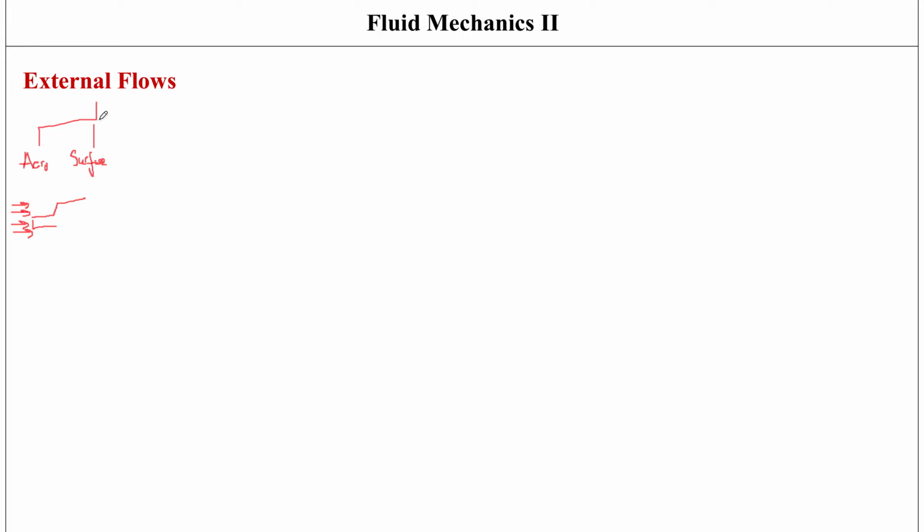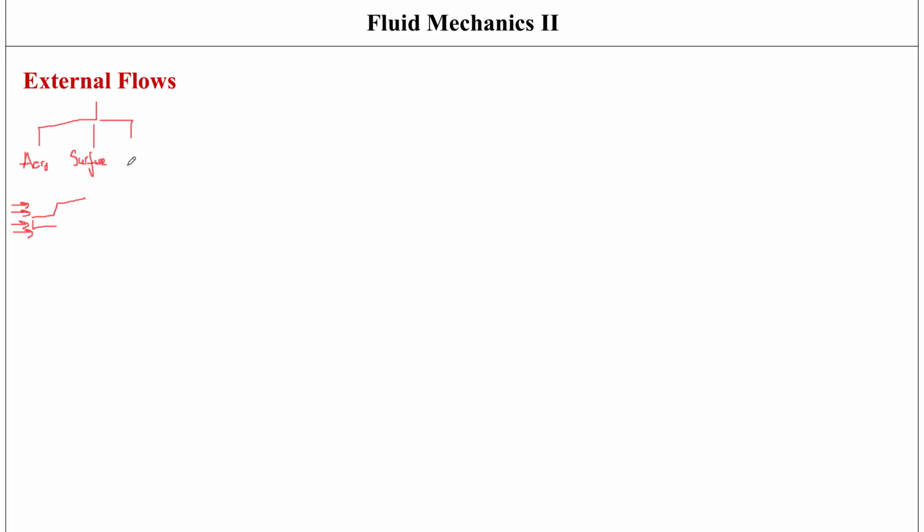Then, other than surface vehicles, you could also talk about ships. So those would be surface vessels or submerged vessels too. So that's another type here. You could talk about submarines, you could talk about ships.